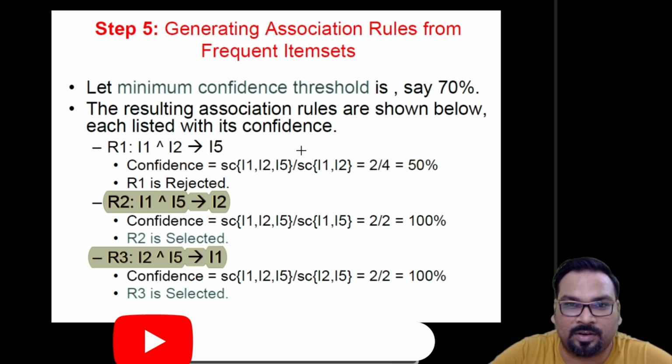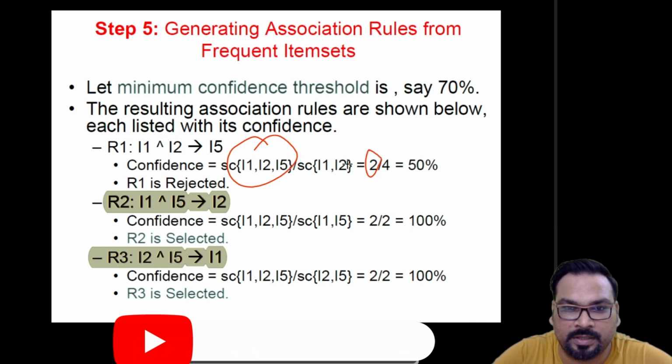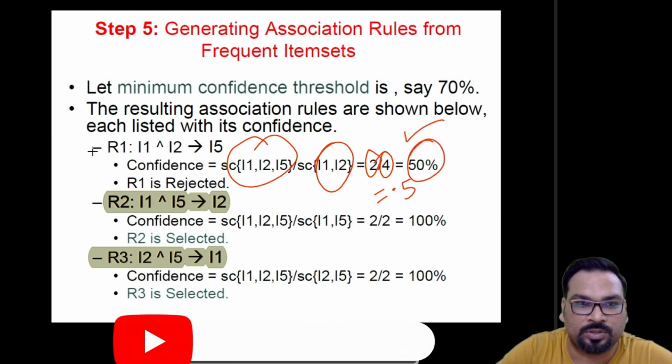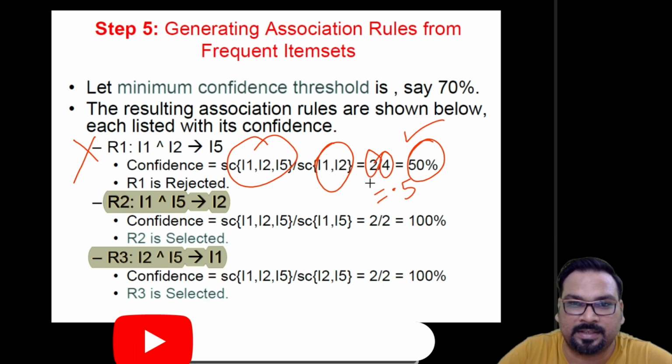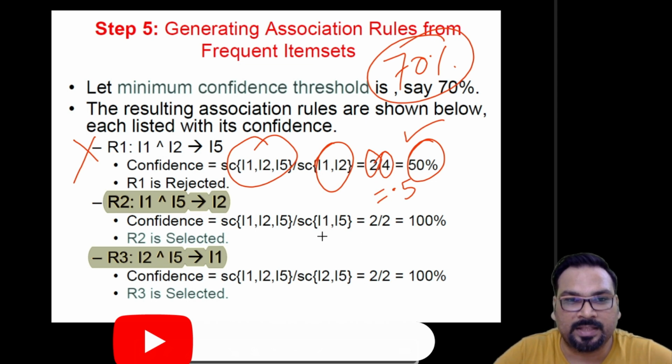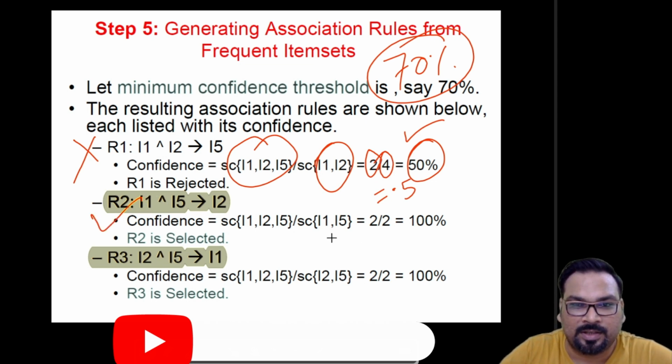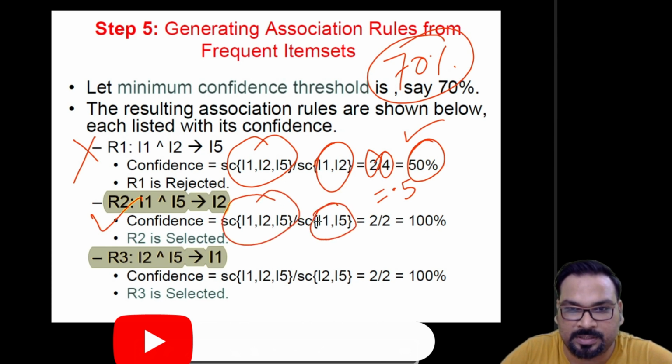And we have seen already the support here is 2 and it is 4. So 2 by 4 becomes 0.5, which is nothing but 50%. So this does not qualify that criteria. The correct criteria was minimum confidence should be 70%. In the same way, this qualifies because here support is 2 and in the denominator we have support 2, so 2 divided by 2 is equal to 1, which is 100%.